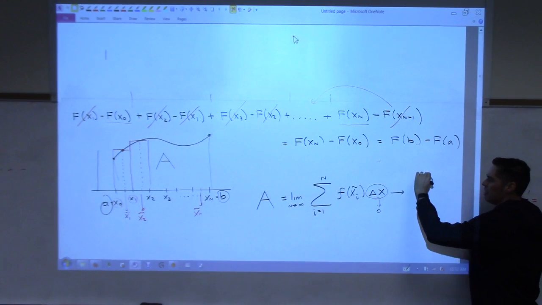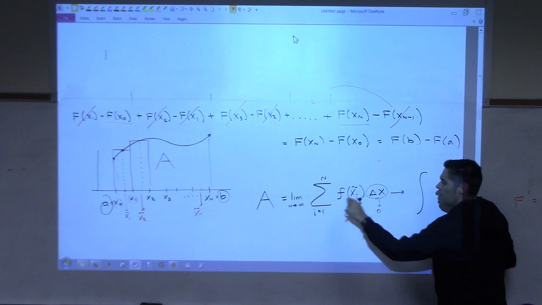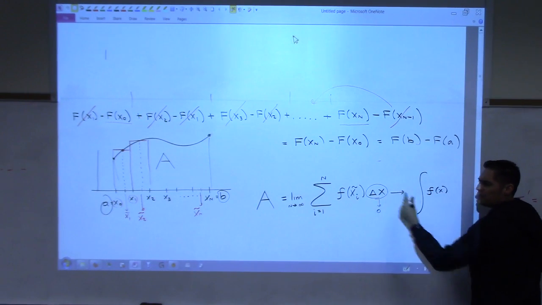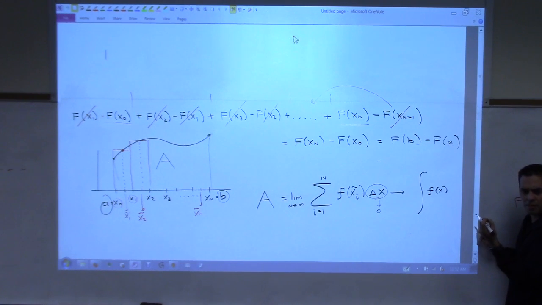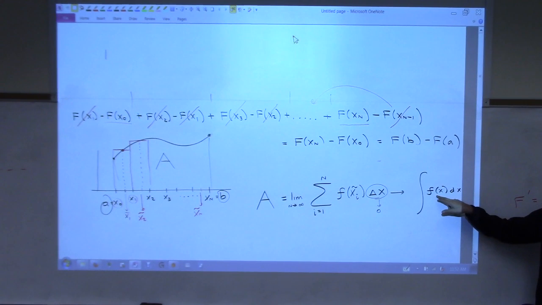Why don't we just use the integral sign to represent this limit of the sum? This right here, why don't we just put f of x there? And this piece right here, since it's infinitesimally going to 0, why don't we just call that dx, a differential? And that is your integral. Understand? This is a summation of the height of a function times its width. That's what that is.